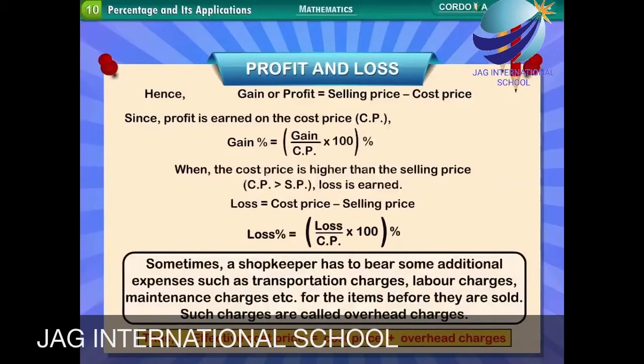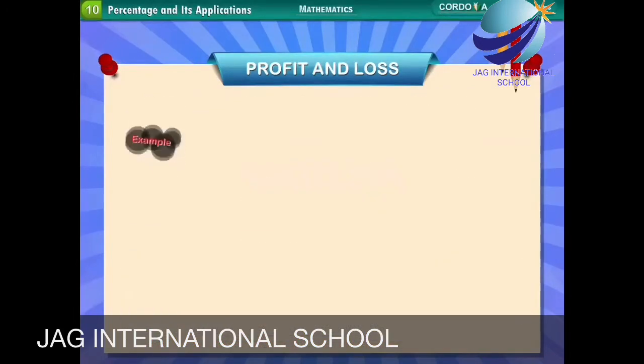Sometimes a shopkeeper has to bear some additional expenses, such as transportation charges, labor charges, maintenance charges, etc., for the items before they are sold. Such charges are called overhead charges. Thus, effective cost price is equal to cost price plus overhead charges.